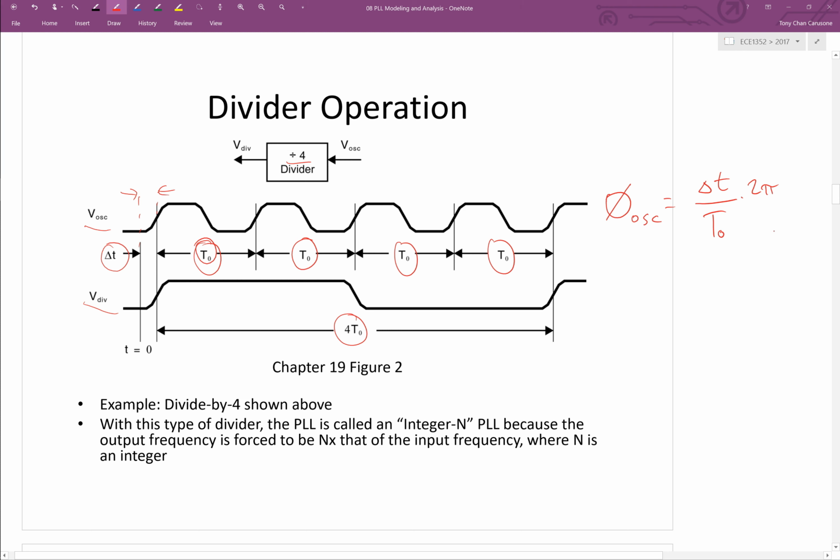So the output of the ideal divider is on the bottom there. You see it's assumed ideal, so it's perfectly phase aligned with the input to the divider. So if that's the case, then if we want to write the phase at the output of the divider, we have to normalize that same delta t, that same phase delay in seconds, with respect to the larger period, 4 T0.